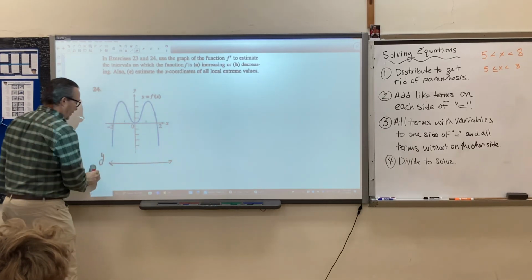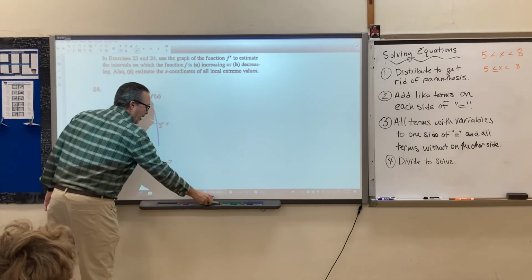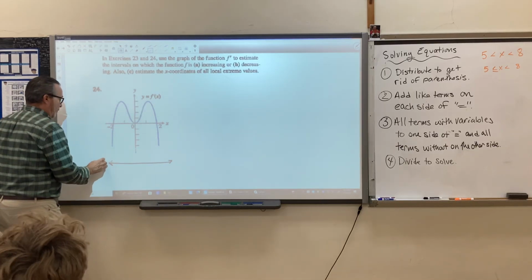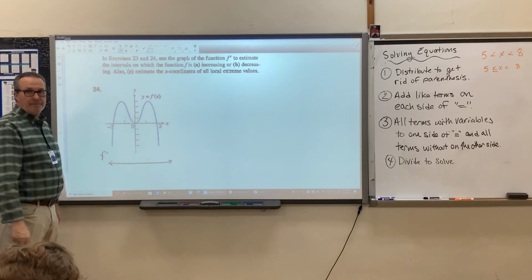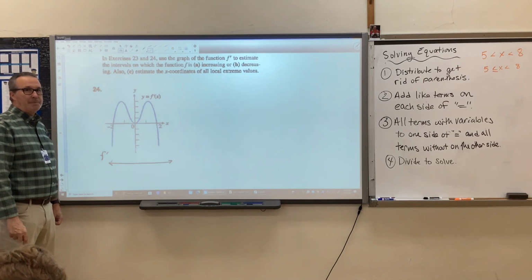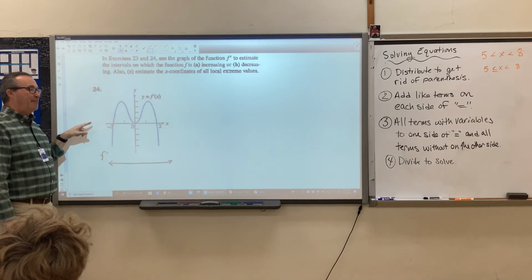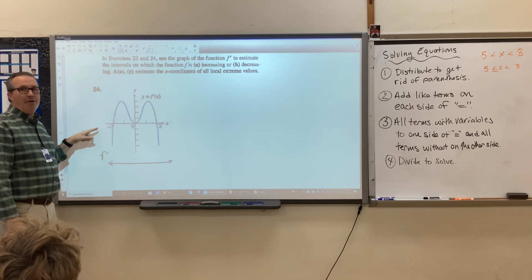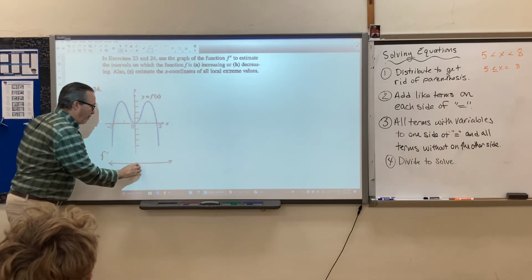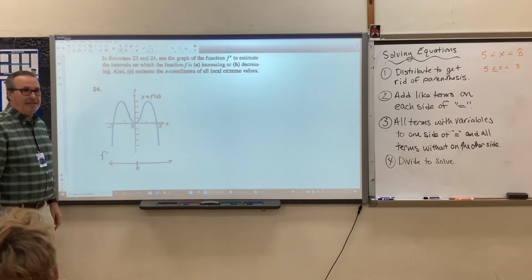What values of x approximately are f prime 0? This is the graph of f prime. When is f prime 0? It's 0 for sure. What else is at 0?